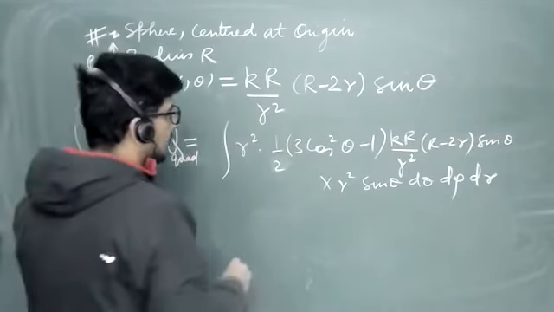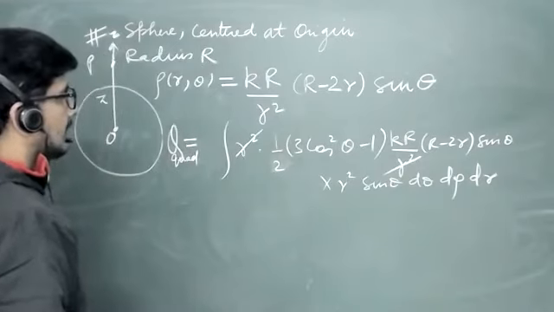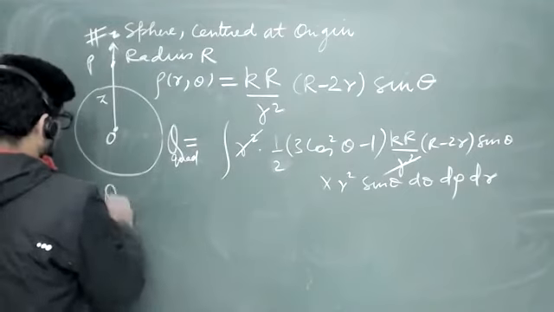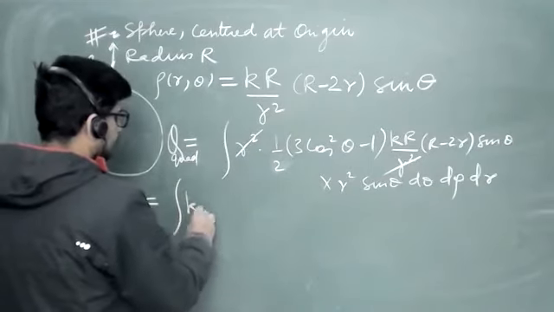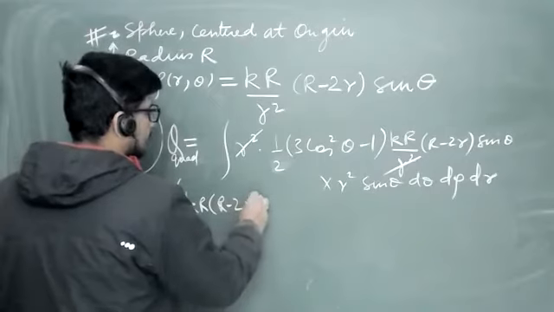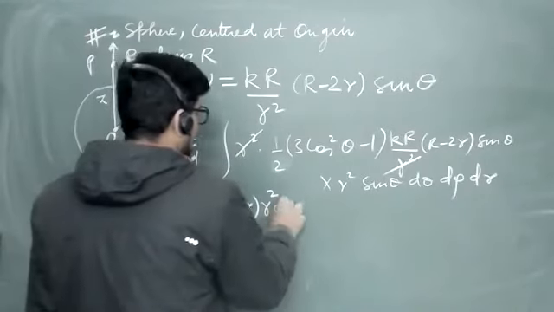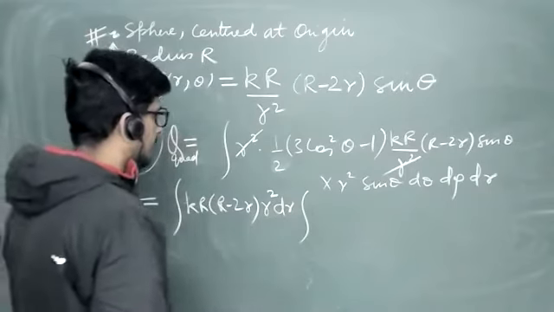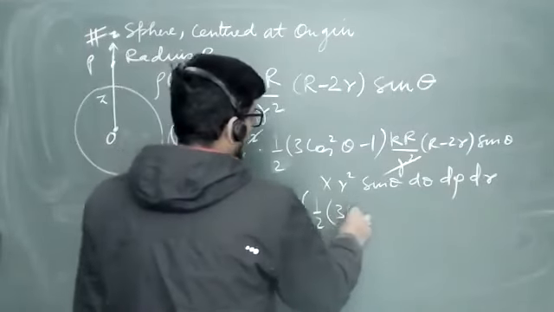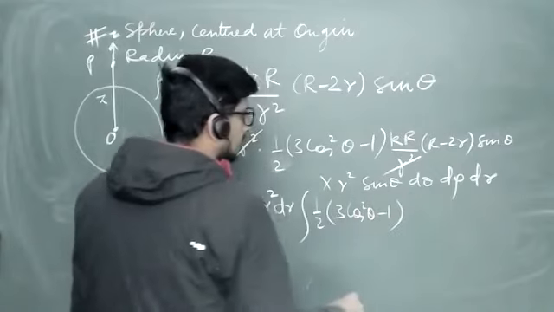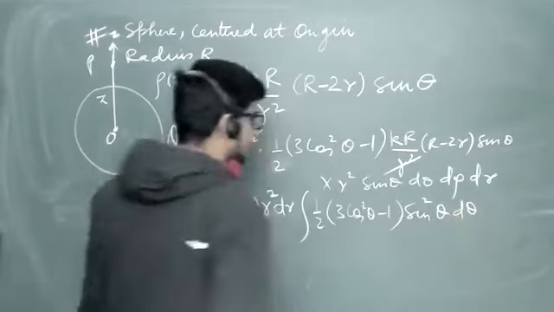Okay, now this r square will cancel ना by this. अब देखो जरा क्या क्या बचेगा. r वाले टर्म में क्या बचेगा? q quad is equal to, check. सबसे पहले kr, r minus 2r and r square ना, r square dr. एक ये टर्म हो गया. दूसरा टर्म बोलो, integral half 3 cos square theta minus 1 sin square theta d theta, right?